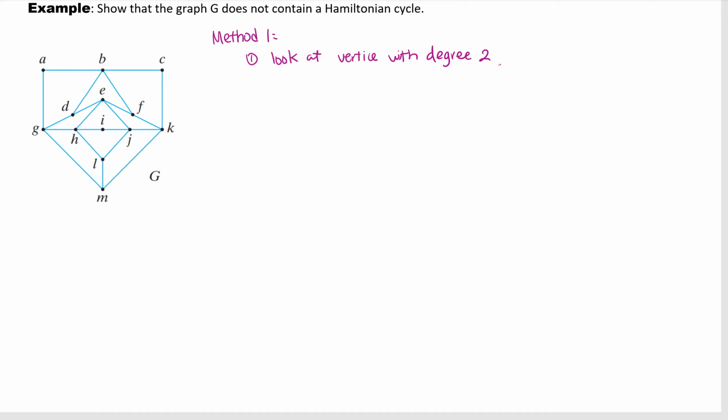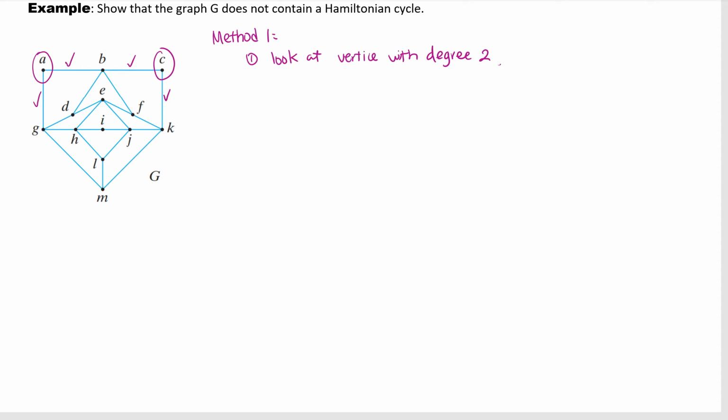Then for the edges incident to that vertex, keep those edges. So here we have A and C. We keep the edges AG and AB, and we keep the edges BC and CK.